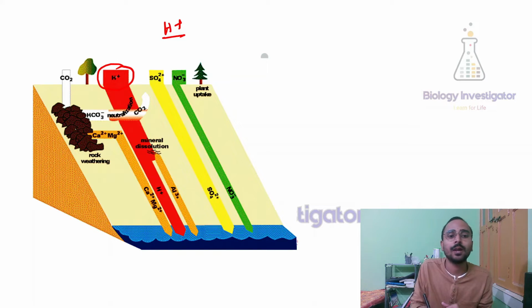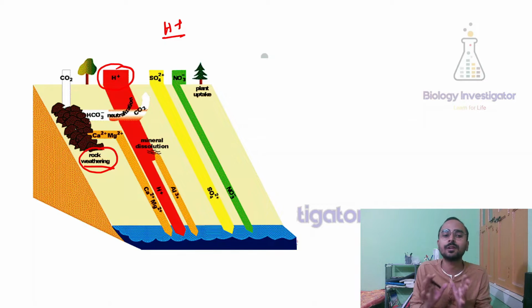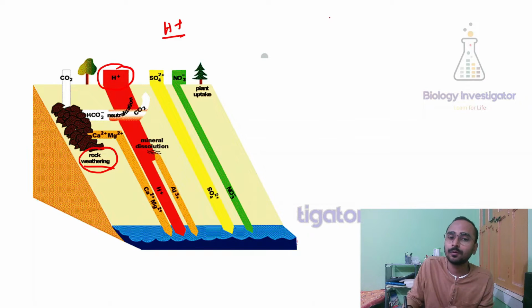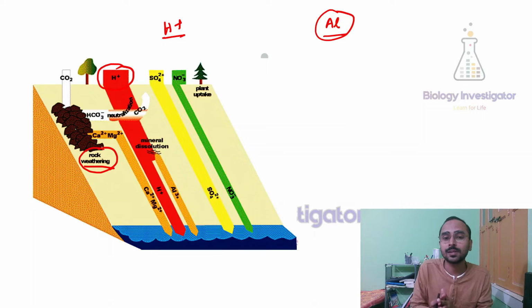So from acid rain we will get H plus, okay, and H plus will be mixed with rock, and this rock contains several minerals. For example, we have already mentioned aluminium. Al means aluminium, and some other minerals are also extracted from these rocks.